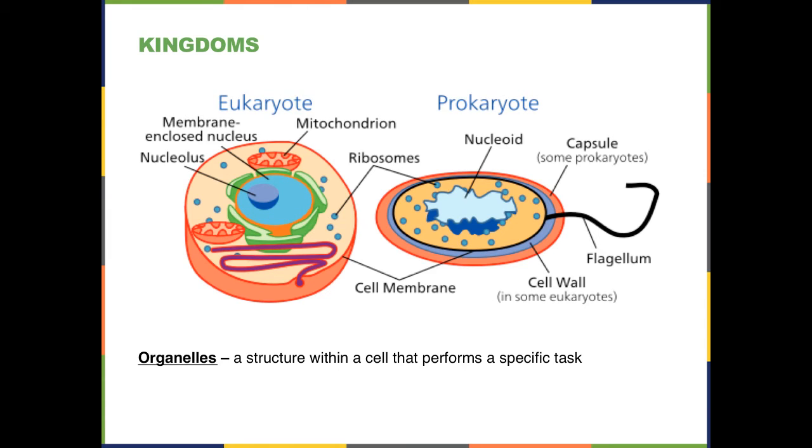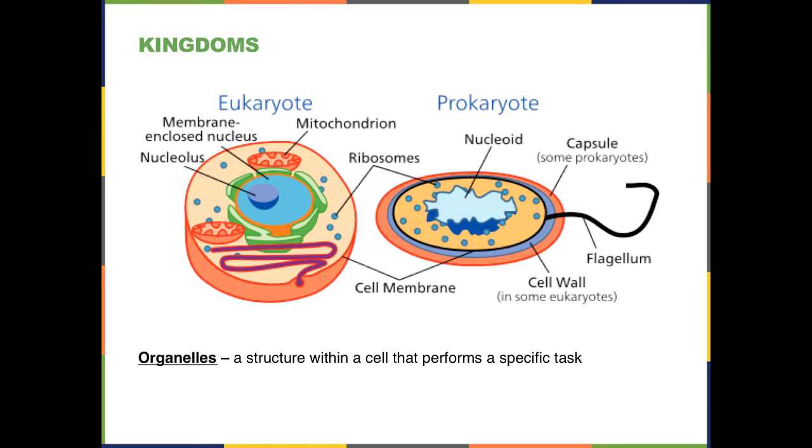The mitochondrion is a structure that's responsible for producing energy. The nucleolus is responsible for producing RNA. The nucleus is the structure that's responsible for DNA replication and the production of proteins, etc. So these are all organelles.